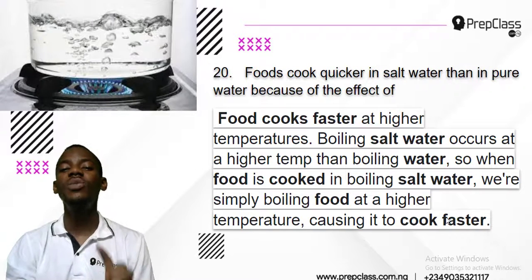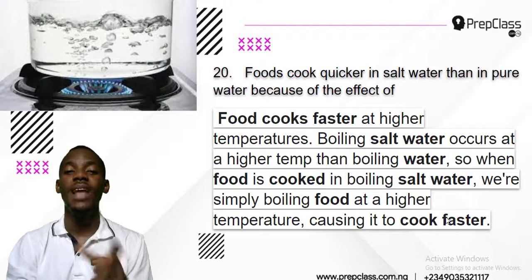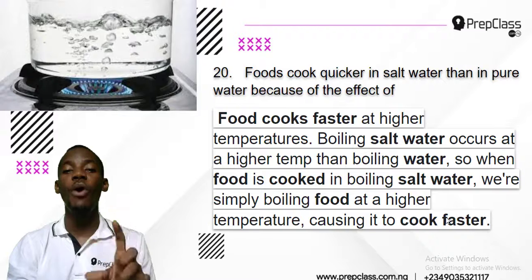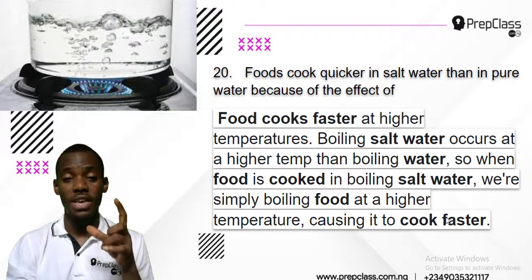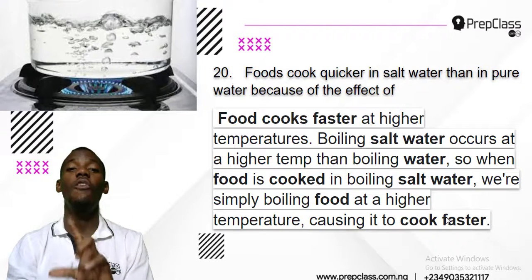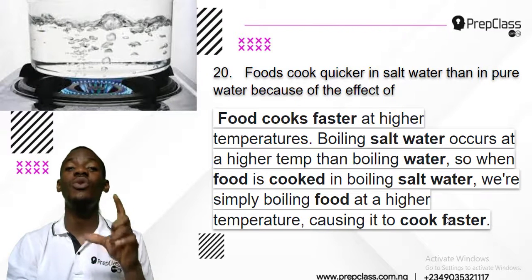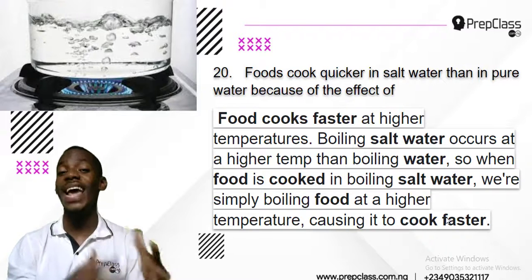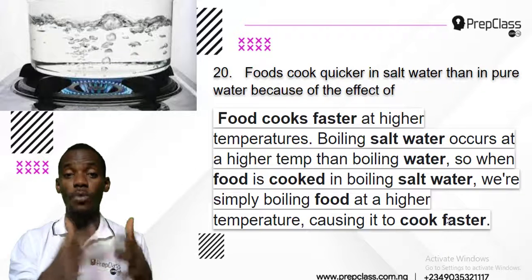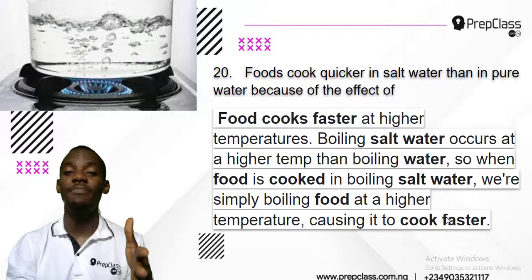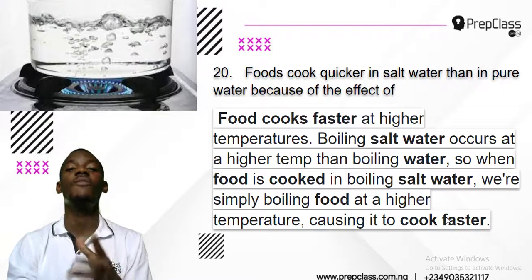So the boiling salt water is hotter than the pure water, because before the salt water can boil, it has gone through higher temperature, higher heat, before it can come to boiling point. That means the temperature of the salt water is naturally higher than the temperature of the pure water.